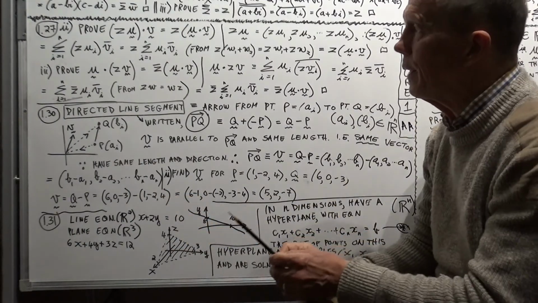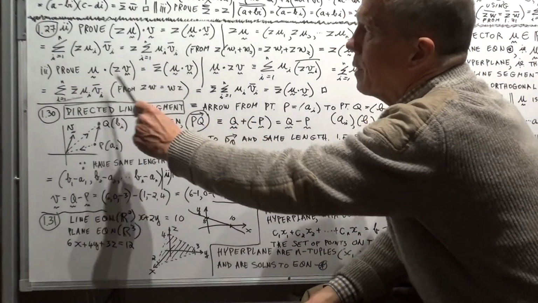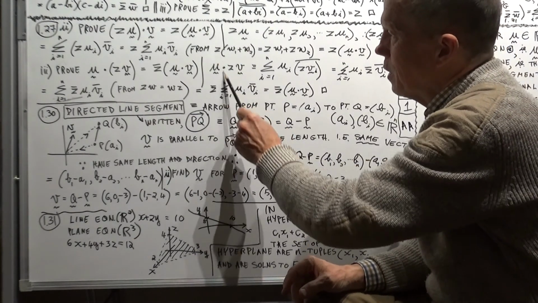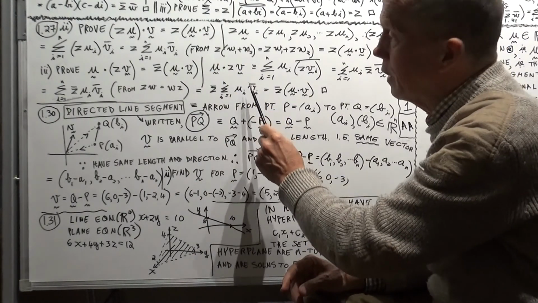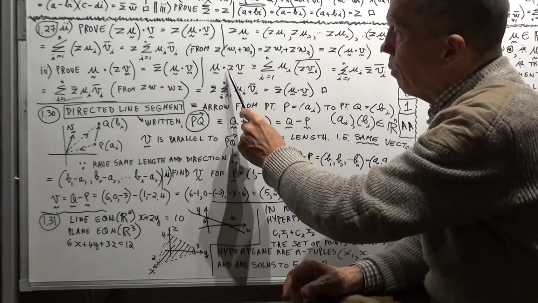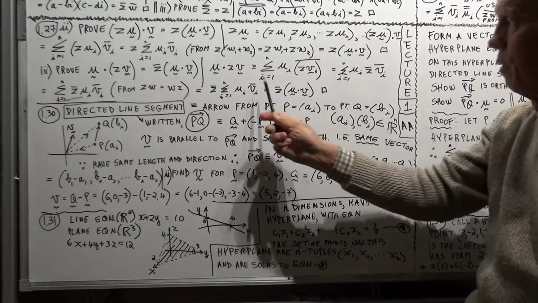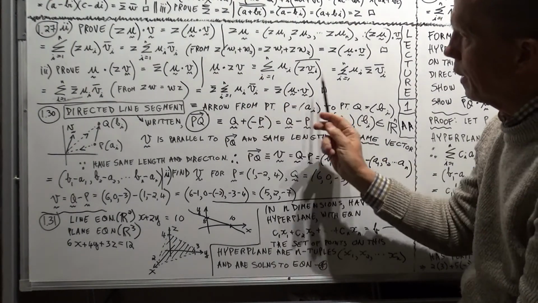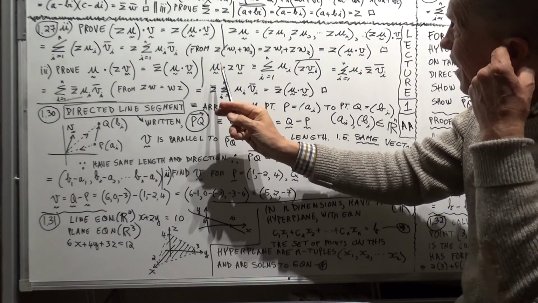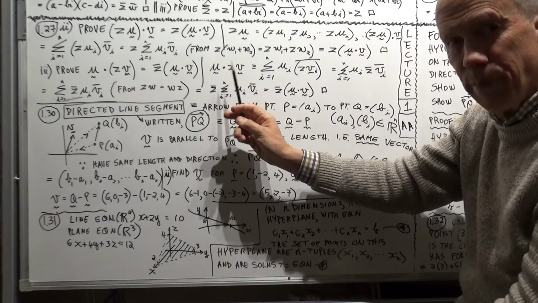Well, what do we do? We're going to start with the left-hand side. This is your first complex vector, and this is your second complex vector, and you dot product them. So by definition, you have 3 bars here. The dot product is defined as the sum of the product of the components.